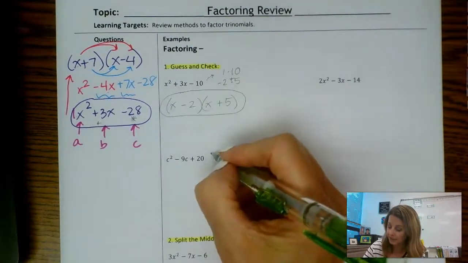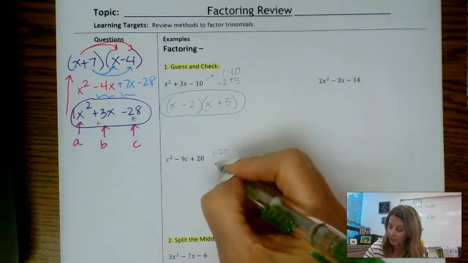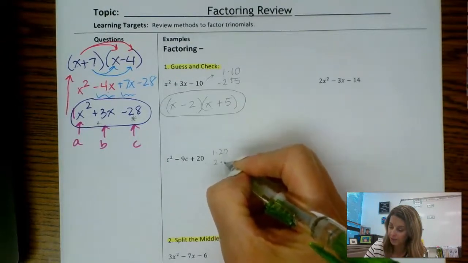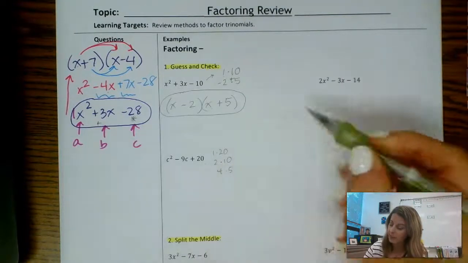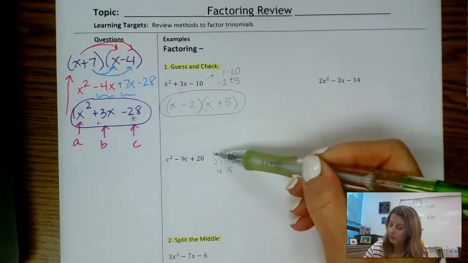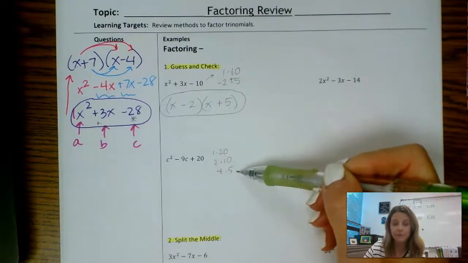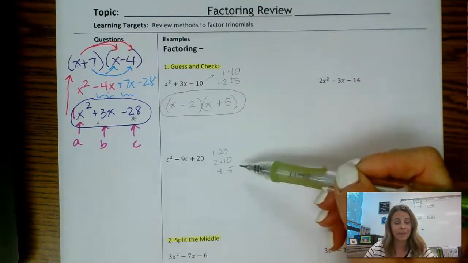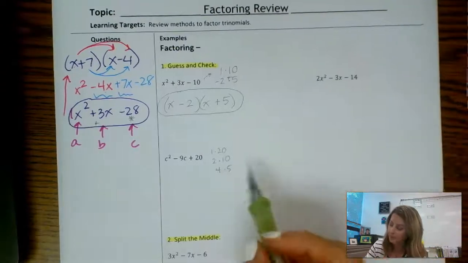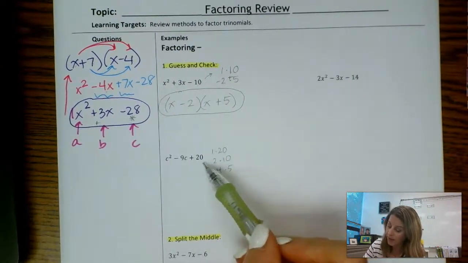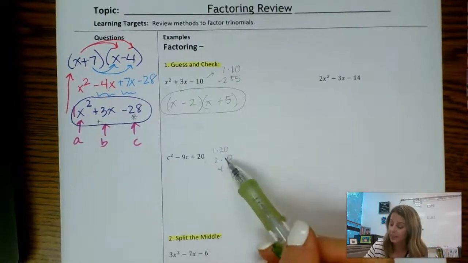Okay, so I would list out factors of 20. 1 times 20, 2 times 10, 4 times 5. So when I start with 1 and move up, when these two factors get really close together, that means I'm done looking for factors. So I want them to add or subtract to 9.